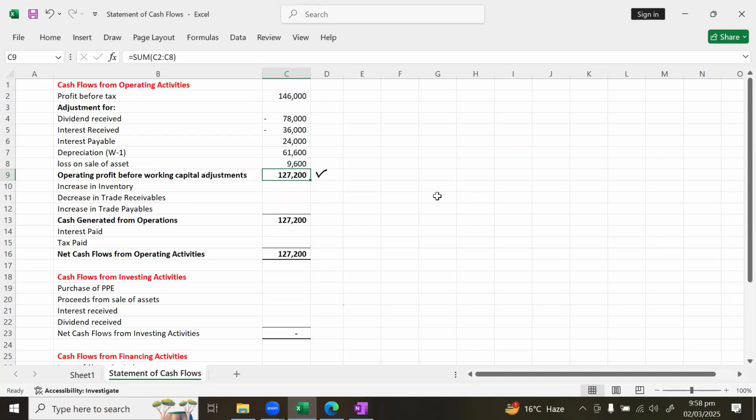Okay, so let us mention over here working number 2. Then inventory, trade receivables, and trade payables.